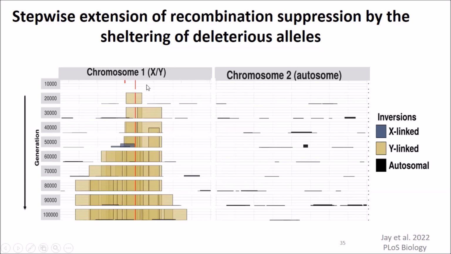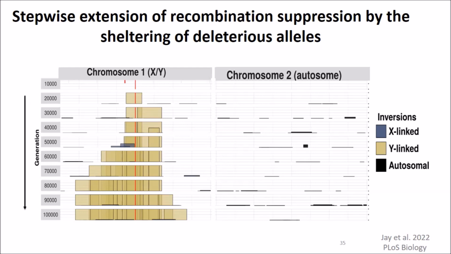But on the XY chromosome, and especially on the Y chromosome, inversions fixed regularly and extended the region of suppressed recombination around the sex-determining gene. When inversions captured fewer deleterious mutations than average in the population, they were selected for, and when they were associated with the male sex-determining gene, they were never homozygous, and so they could invade the population of the Y chromosome.